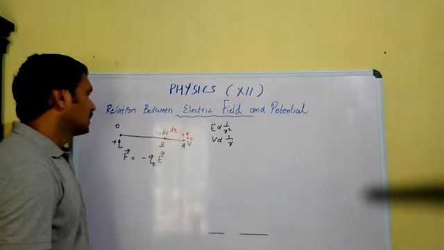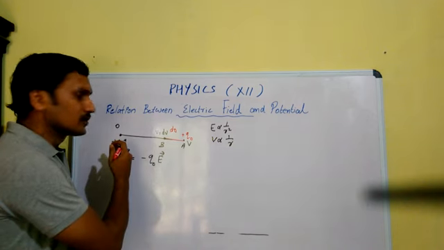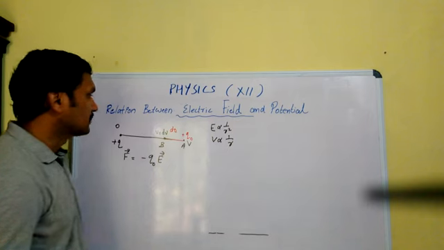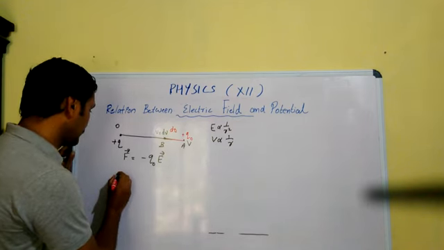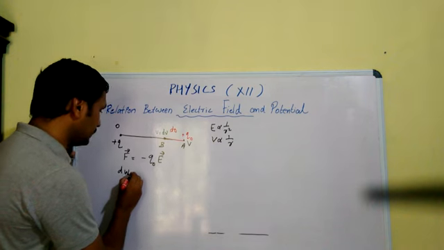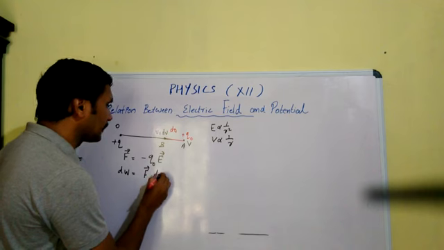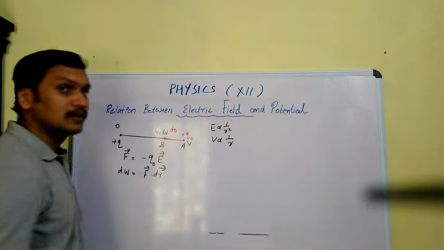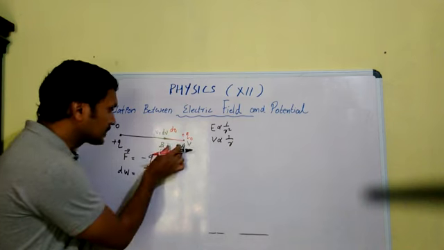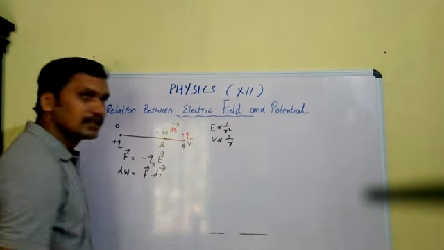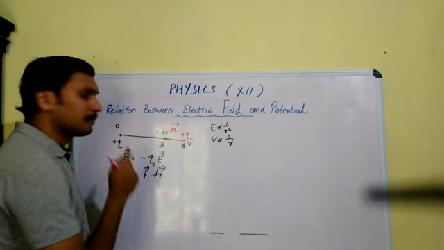Now the external agent is applying this force, so we calculate the work done by this agent. The small work done is dW equal to F dot dr, where dr is the small displacement between A and B and F is the applied force.